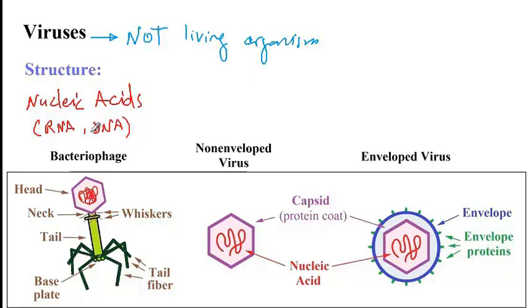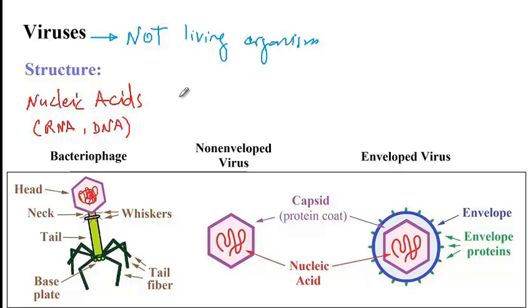All right, and then again, this RNA and DNA can be in different forms. They could be double-stranded, like you could have double-stranded RNA, you could have double-stranded DNA, you could have single-stranded RNA or single-stranded DNA. These could be circular or they could be linear. So they come in a variety of shapes and forms. But in any case, they are all nucleic acid and are made of either RNA or DNA.